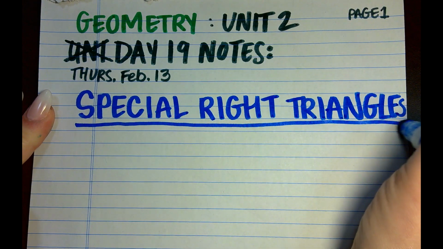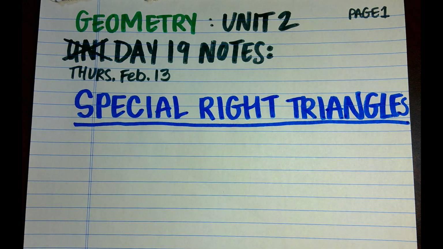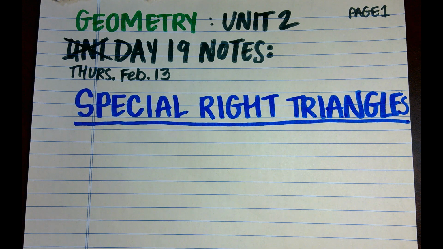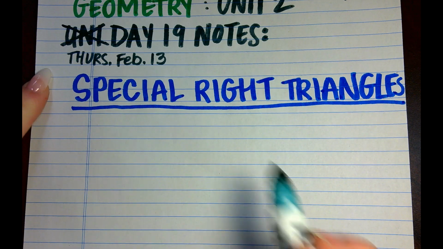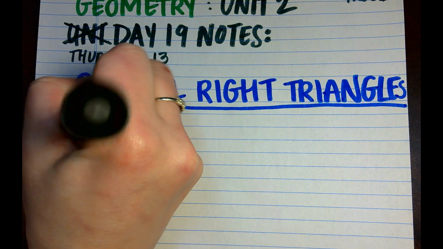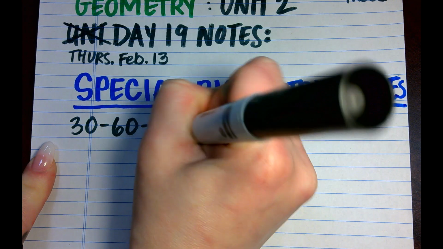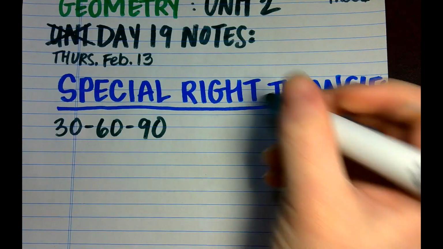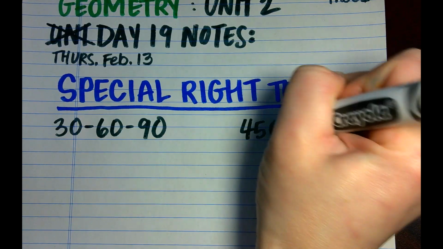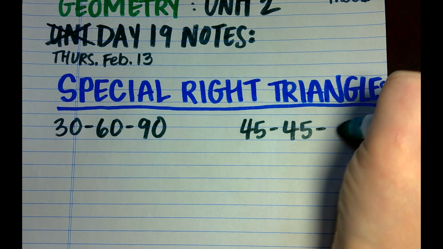So, there are 2 different, very special right triangles that I'm going to show you today. And this is how we name them. The first one we call a 30, 60, 90. And the second one we call a 45, 45, 90.